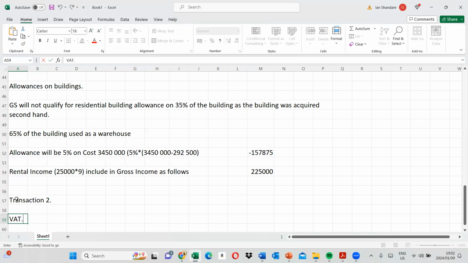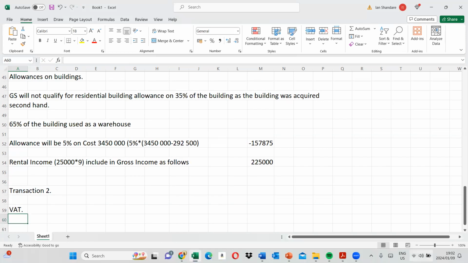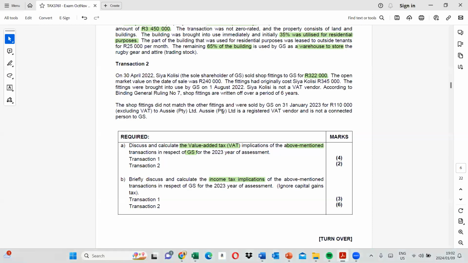right, VAT, you need to understand why they're telling you about words like the sole shareholder. Now, the moment you see words like sole shareholder, what are they trying to tell you? You need to understand now that SIA and GS are connected persons.